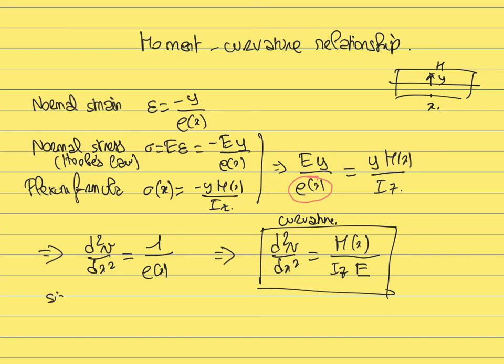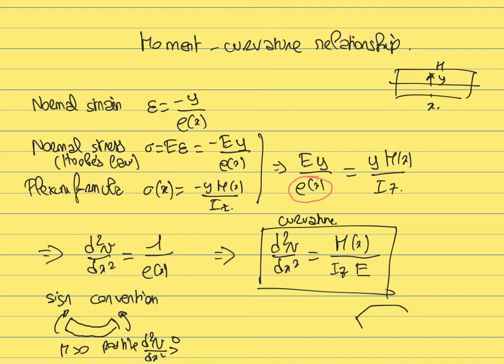In terms of the sign convention that we will use for this relationship, it is the same as the sign convention that we use for the curvature. If you have a smiley beam like this, this is what we said would be a positive internal moment, and that also corresponds to a positive curvature. So the second derivative of the beam is going to be positive.